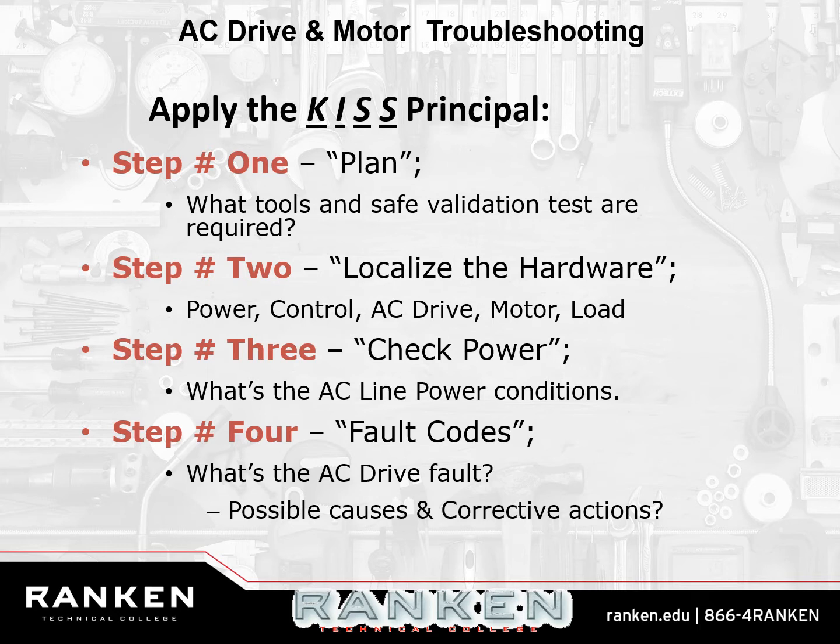And it's probably going to be one of these 5 things: the power, the control, the AC drive itself, the motor itself, or what the motor is trying to push. If you got a big gigantic pump that's going out, the motor could be tripping out because it has to work too hard. But it's not necessarily the motor and drive's fault. It is the fault of the pump itself.